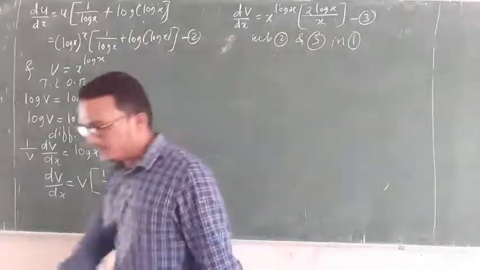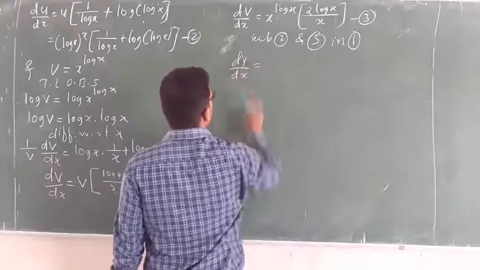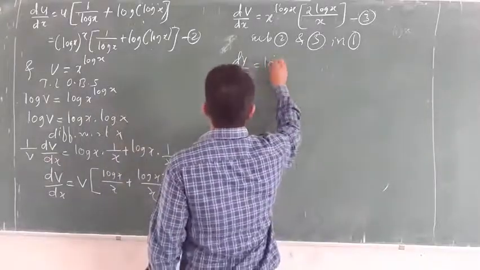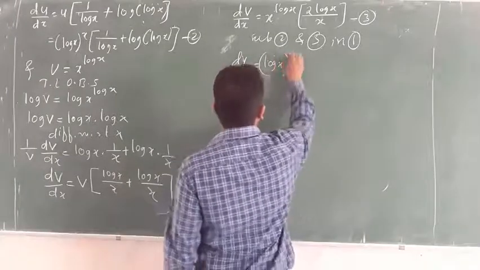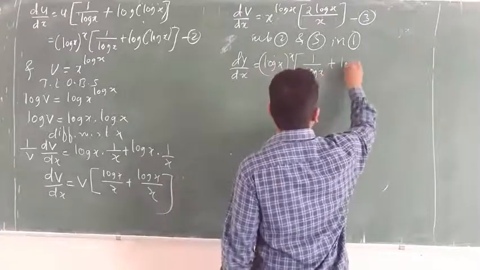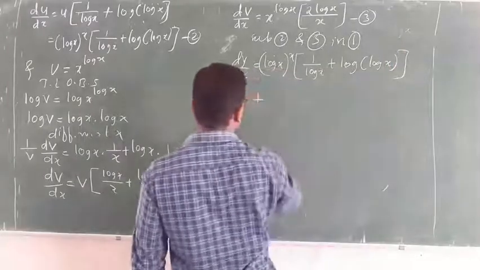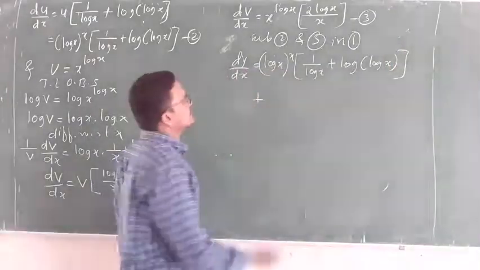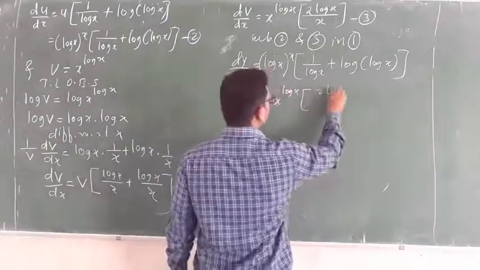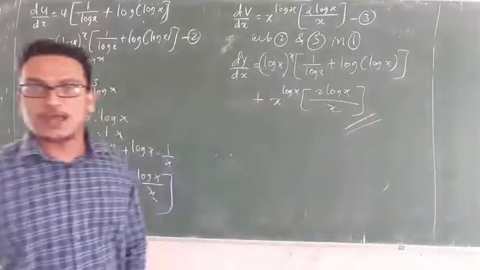Therefore dy by dx is equal to, first du by dx, which is log x to the power x in bracket 1 upon log x plus log of log x, plus dv by dx, that is x to the power log x in bracket 2 log x divided by x, and this is your answer.